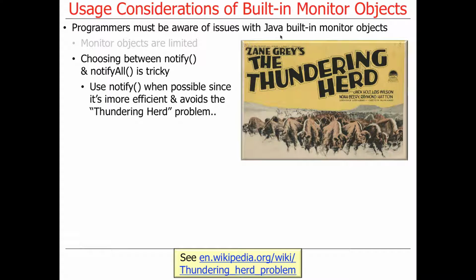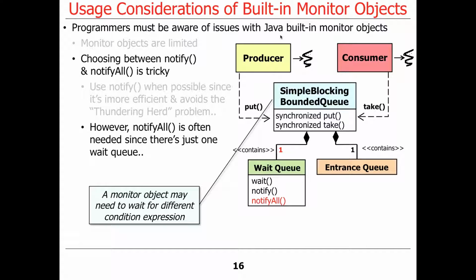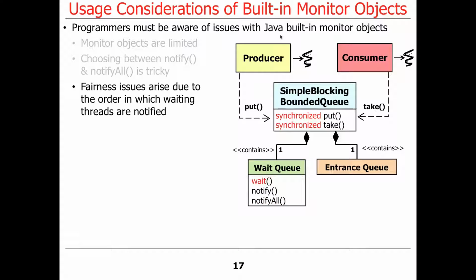Now, having said that, if you can use notify, you should use it because that avoids the thundering herd problem. Even better is not to use Java built-in monitor objects for waiting and notifying, but instead to use Java condition objects. That is a better solution overall. And notify all is there because we have to wait for different conditions. You have to wait for not empty and not full, for example.